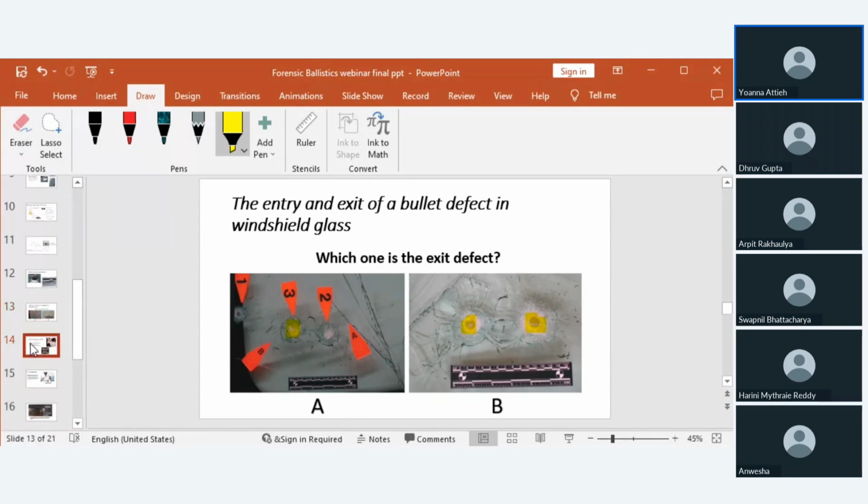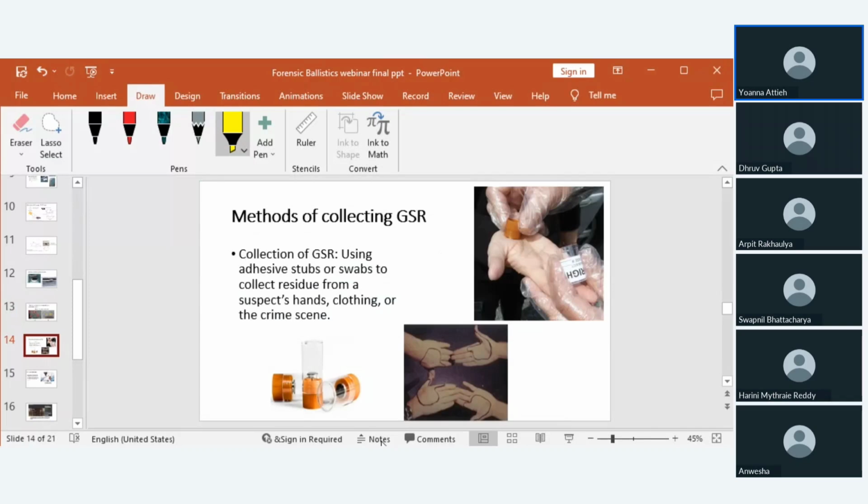Now, moving forward, we're going to talk about something very important in forensic ballistics, which is GSR and how forensic investigators are able to collect GSR and even analyze it. So if you look at the slide, I don't know the number. Okay, at slide 14, gunshot residue analysis plays a crucial role in forensic investigations. After a firearm is discharged, particles from the primer and propellants are released into the air.